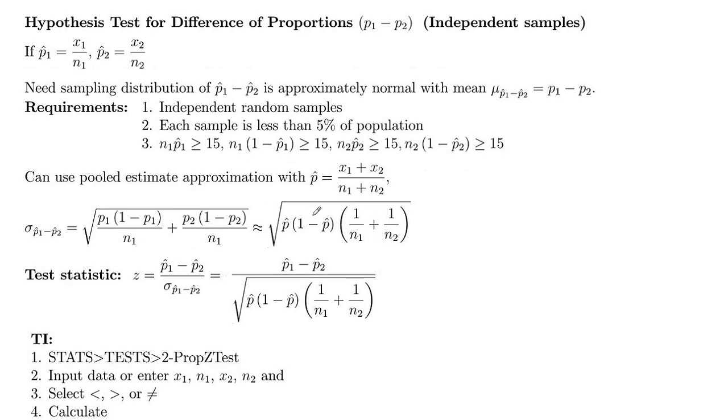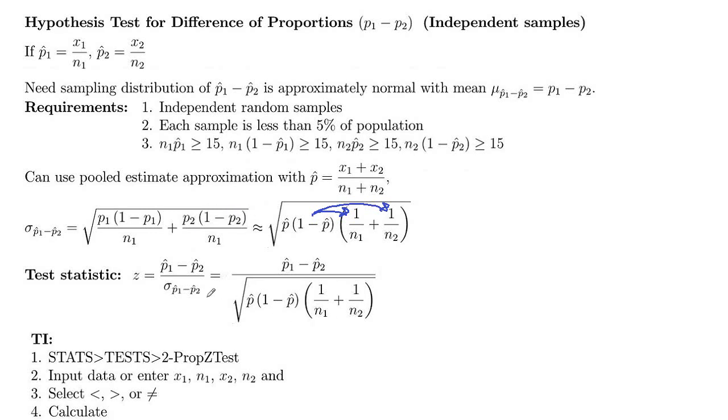So notice if you multiply this in times each piece, you'd get P hat 1 minus P hat over N1, and then P hat 1 minus P hat over N2. So it'd look just like this, except it'd be P hat, P hat, P hat, P hat.